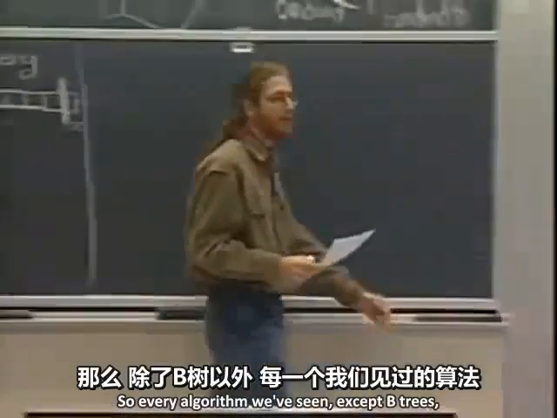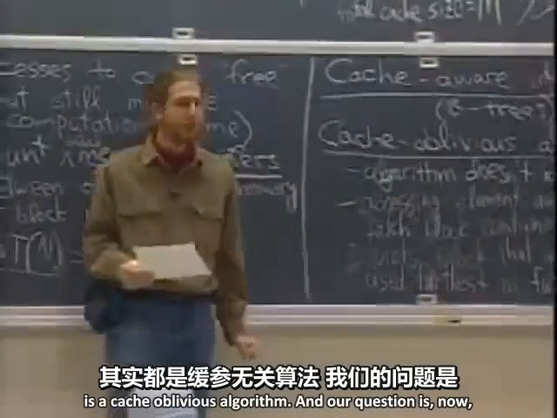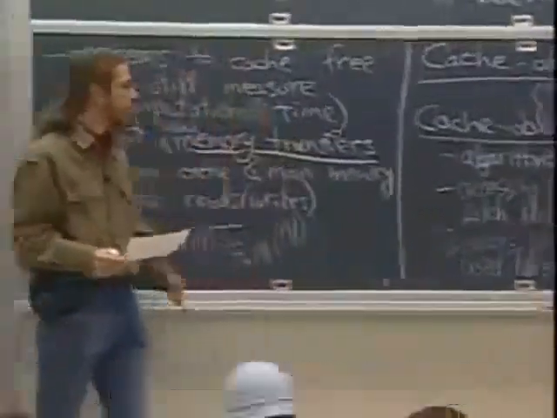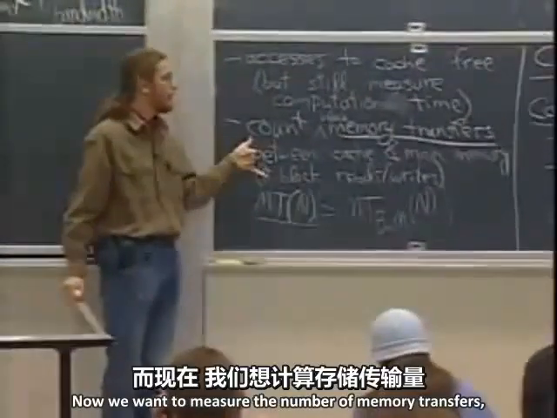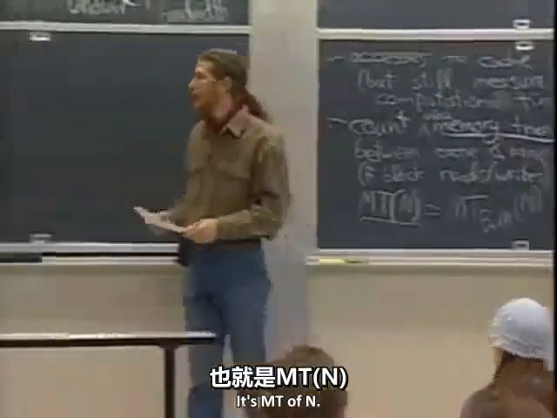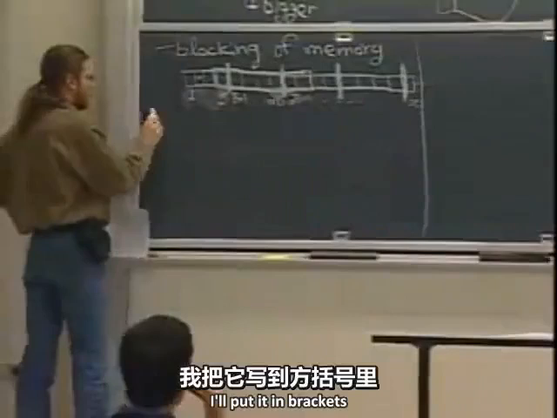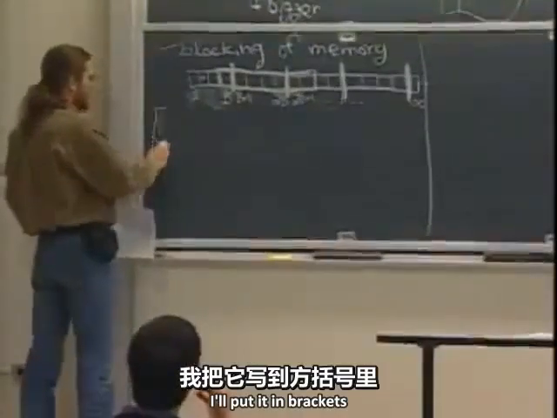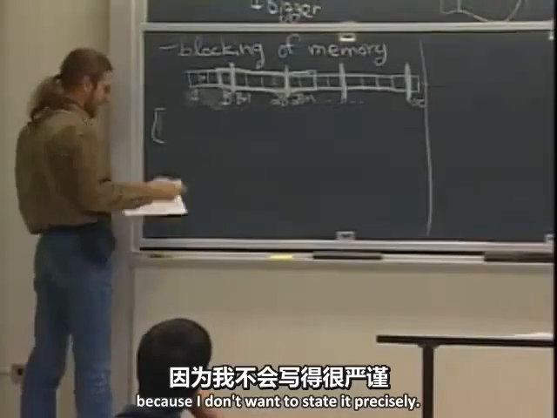So every algorithm we've seen, except B-trees, is a cache-oblivious algorithm. And our question is now, we know how everything runs in terms of running time. Now we want to measure the number of memory transfers, this MT of n. I want to mention one other fact or theorem. I'll put it in brackets because I don't want to state it precisely.